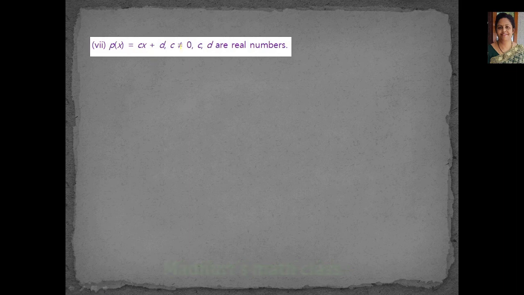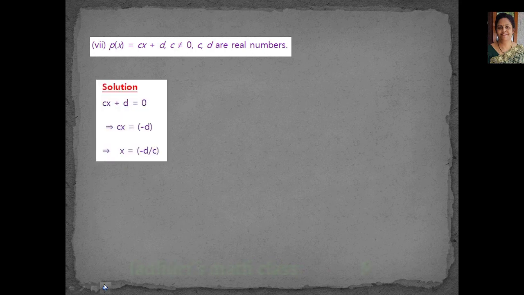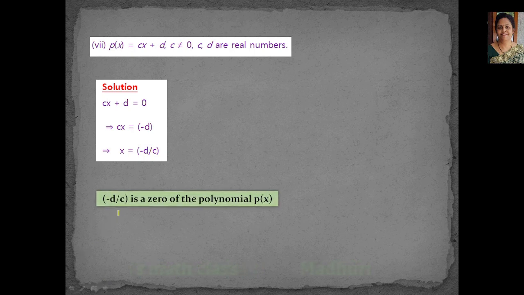Now Px is equal to Cx plus D, C not equal to 0 and C and D are real numbers. Cx plus D is equal to 0, which implies Cx is equal to negative D. So x is negative D by C. So negative D by C is a 0 of the polynomial Px.